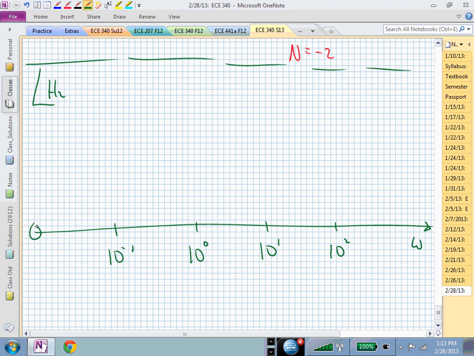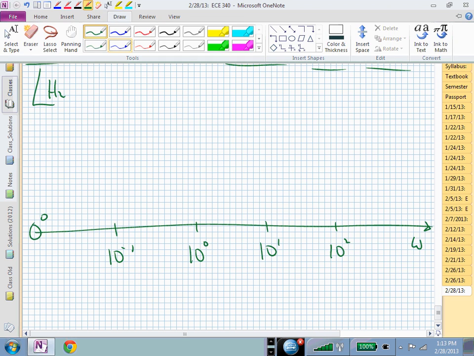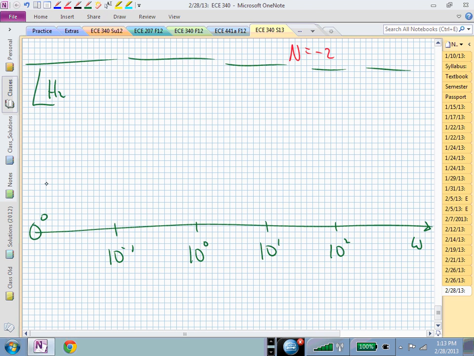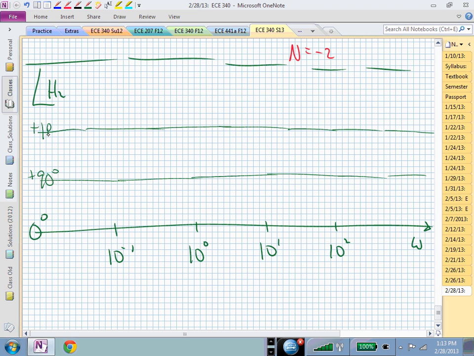But now this is, let's say, 0 degrees, and we could put in some guidelines and say, okay, here is, let's say, plus 90 degrees. Here's plus 180. Here's minus 90. And minus 180.